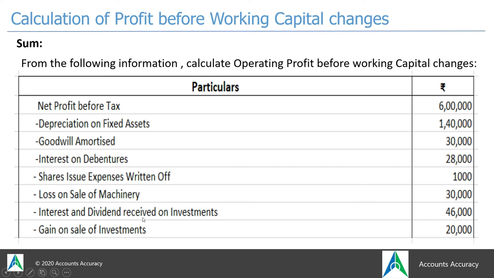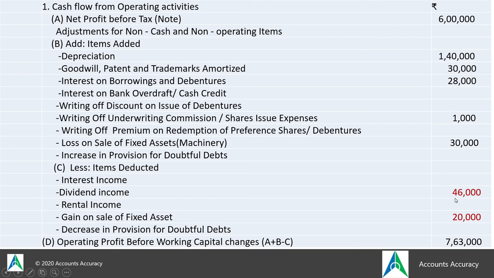So these two items, as these are the items of investing activity, need to be deducted from profit over here and added in the investing activity. Because you can see here the word investment is also attached, so it is clearly understood that these two are the items of investing activity. So after deducting these two amounts, 46,000 and 20,000, we get the operating profit before working capital changes, and this is your answer.